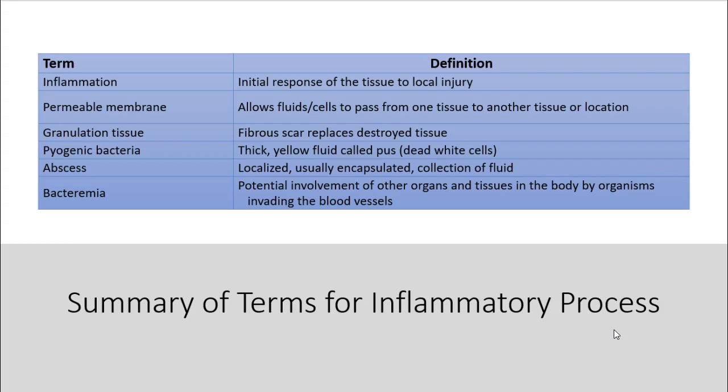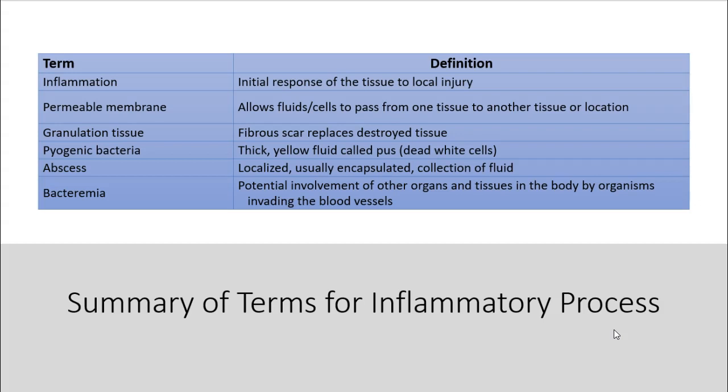And your summary of terms for your inflammatory process. You have inflammation, initial response to tissues of local injury. You have permeability, membrane, allows fluids or cells to pass from one tissue to another tissue location. You have granular tissue. You have fibrous scar replaces destroyed tissues.